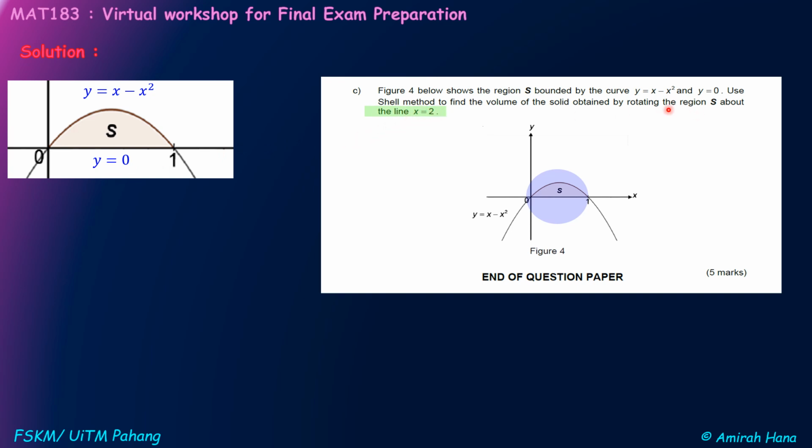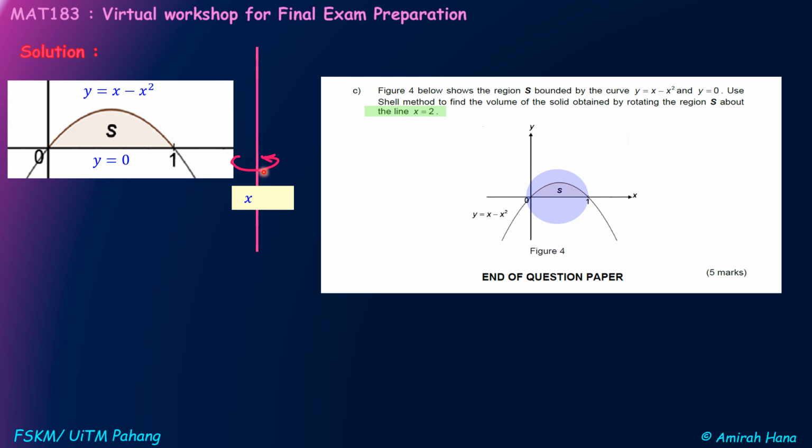And then we have line x equals to 2, okay, as an axis of rotation. So this is the line x equals to 2, okay. This is x equals to 1, so x equals to 2 is to the right of x equals to 1, okay.